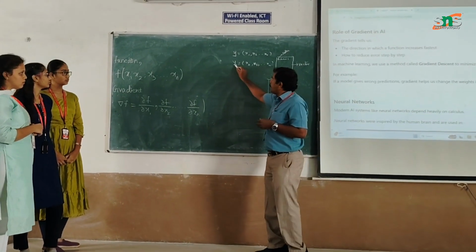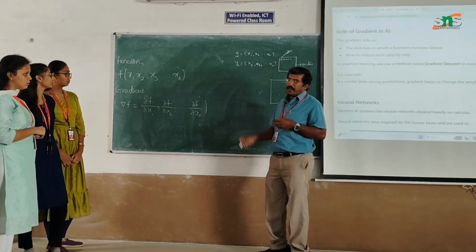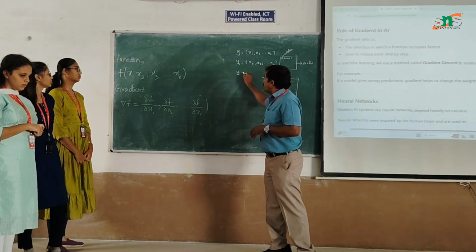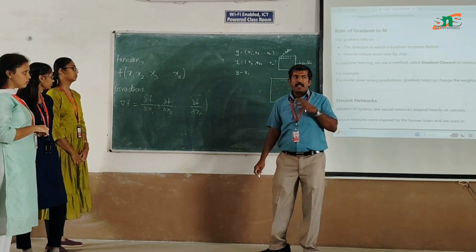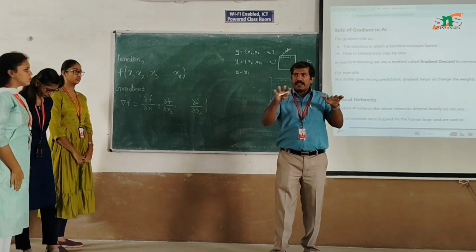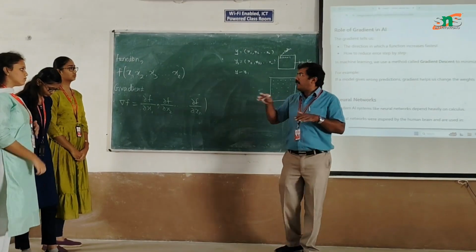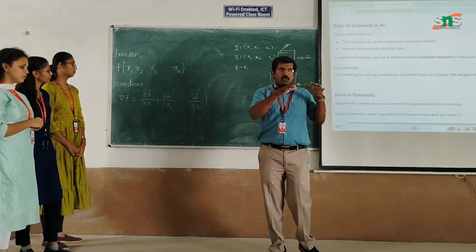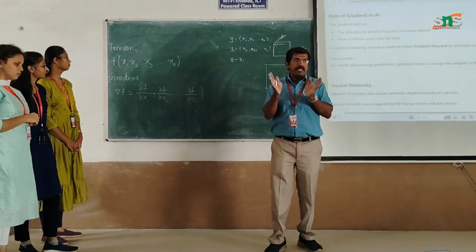This is the predicted value, and this is the actual value. The difference between the actual value and the predicted value is the error, because it has to match with reality. If the deviation is more, your outcome is more deviated from what it actually has to be, and that is called the error.